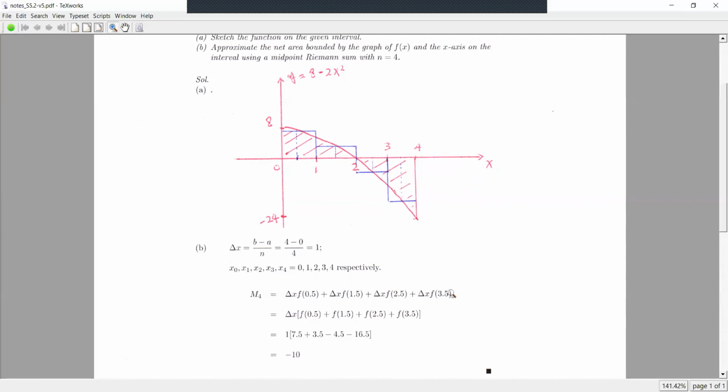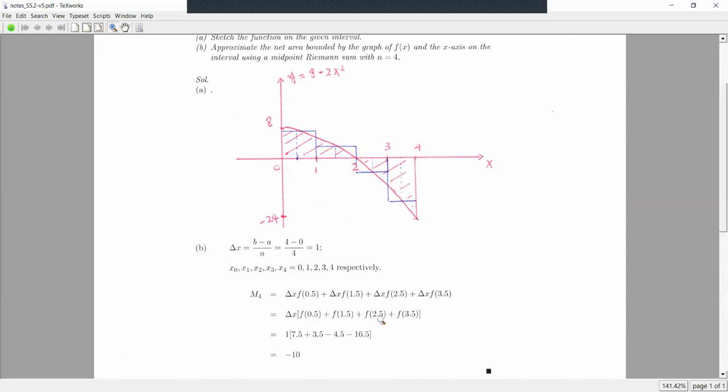Okay, now sum up these areas. Factor delta x out. Then we get this equation. Now plug in the values for delta x and the function values. Delta x is 1. Function value at 0.5: this is the function. Plug in 0.5 for x, then we get the function value 7.5. Also, the function value at 1.5 is 3.5.